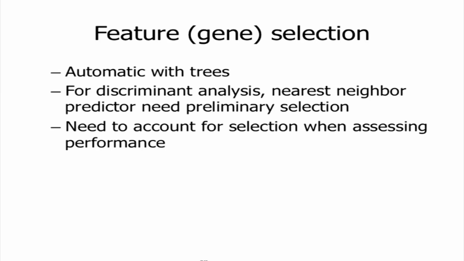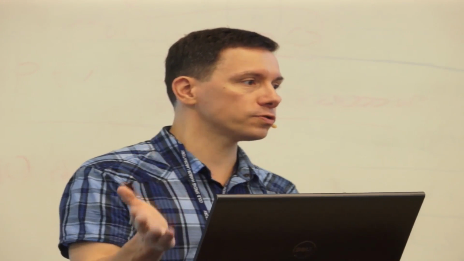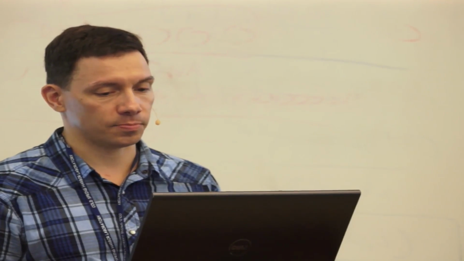You can't just apply LDA or K nearest neighbor predictors to 50,000 genes. Instead, you would want to use, for example, a t-test and find the 100 genes that are most differentially expressed between high risk and low risk subjects, and then you would apply these methods to these 100 genes only. Now, when you do feature selection as part of the prediction algorithm, then you need to, of course, account for it when you later estimate the prediction accuracy, and we'll get to that.